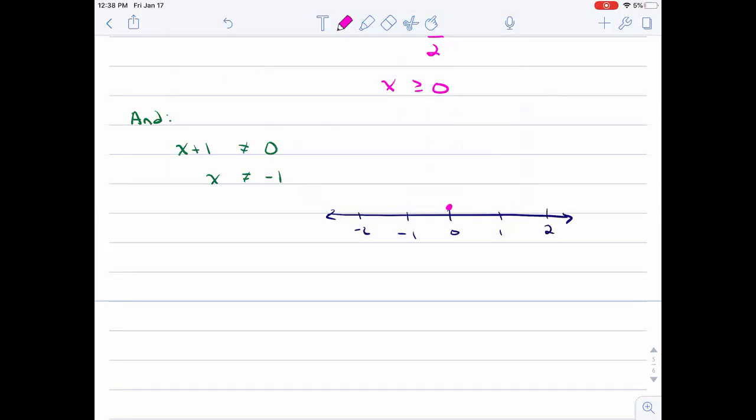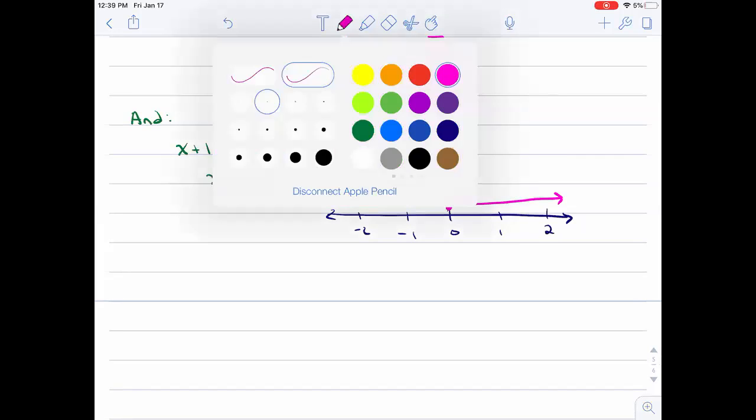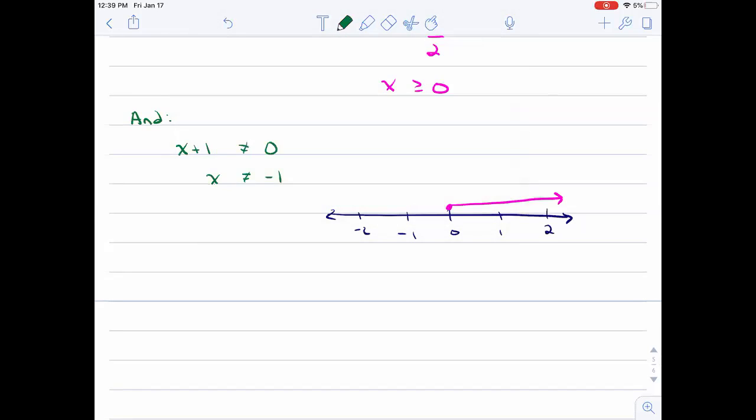So I'll do a closed dot, and anything greater than that, right? And then x can't be -1, has to happen at the same time. That's not really an issue, because what it's saying is that it's allowed to be any of these values as long as it's not -1, right? But the only portion of overlap here is from 0 onwards.